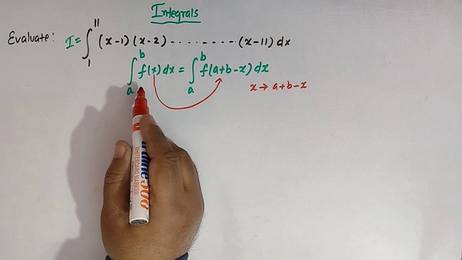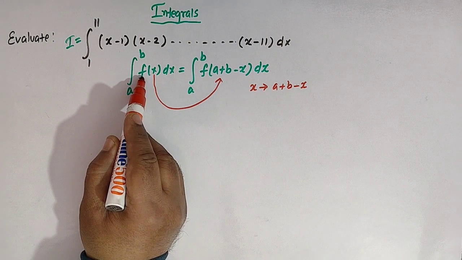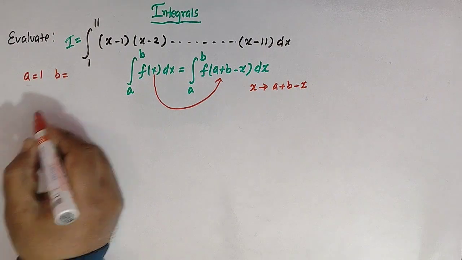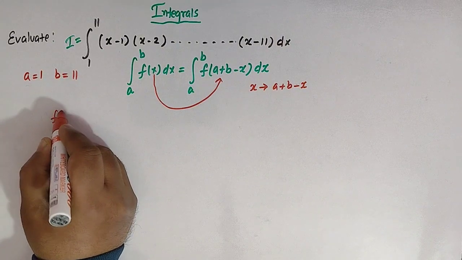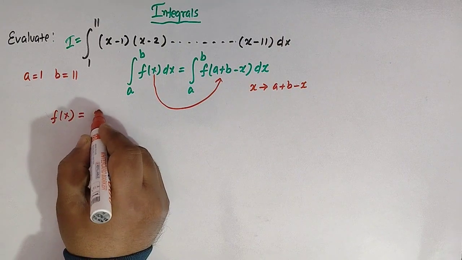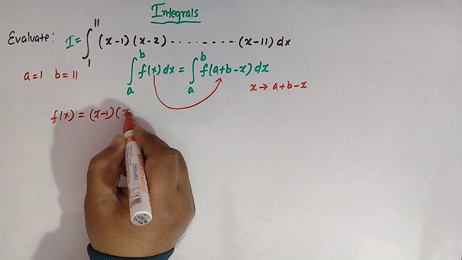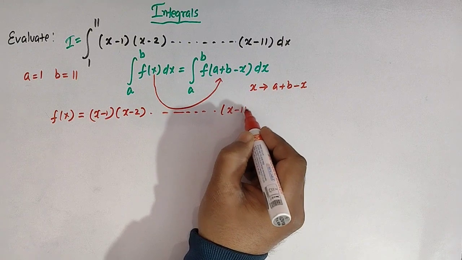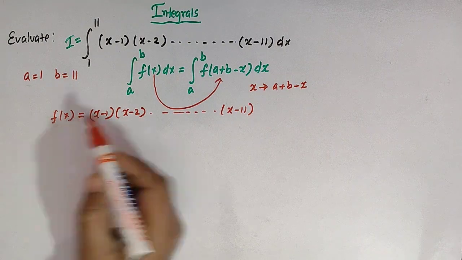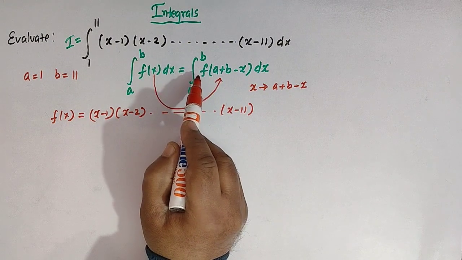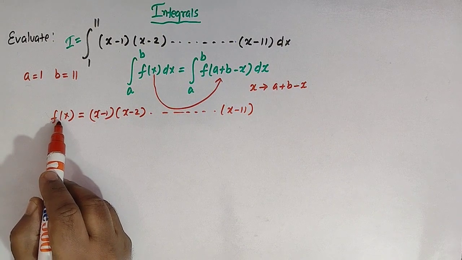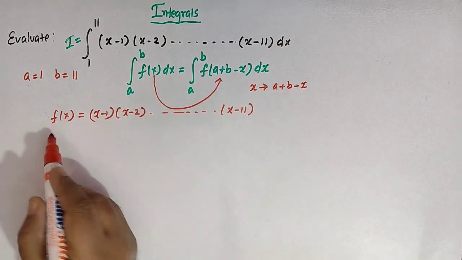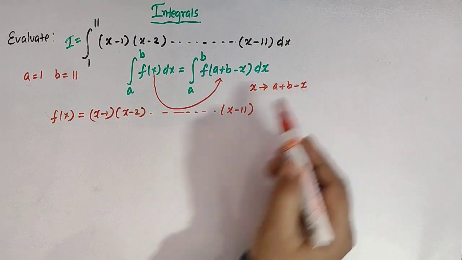So now if we compare this integral with this one, then the value of a is 1, b is 11, and our integrand is (x minus 1), (x minus 2), and so on up to (x minus 11). Now if we apply this property to f of x, x is replaced by a plus b minus x.